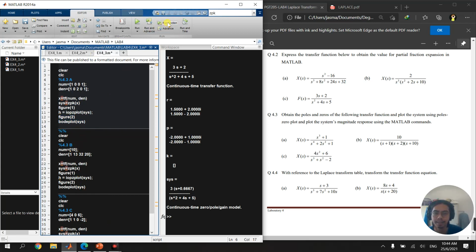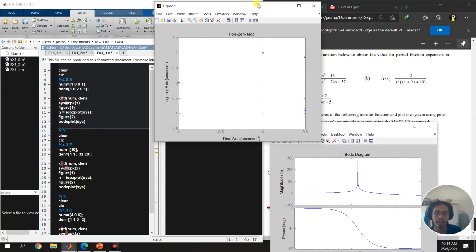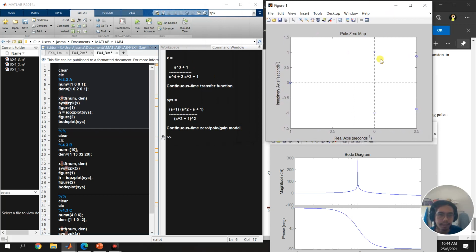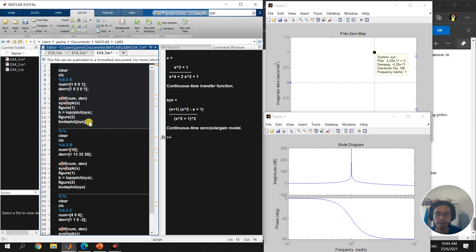Okay, now let's run the section. As we can see here, this is the zero and pole graph, which has been plotted using the zpk, and this is the magnitude figure, which is a Bode diagram from the Bode plot.